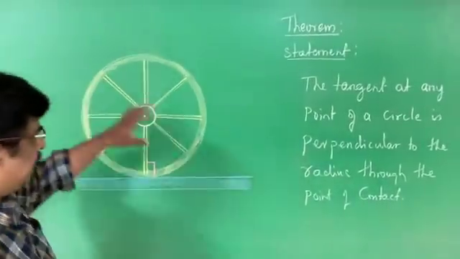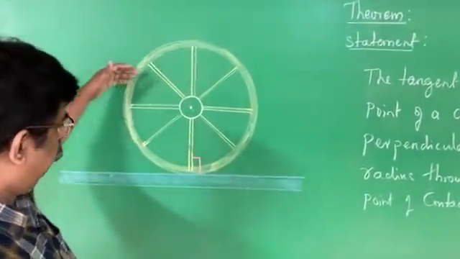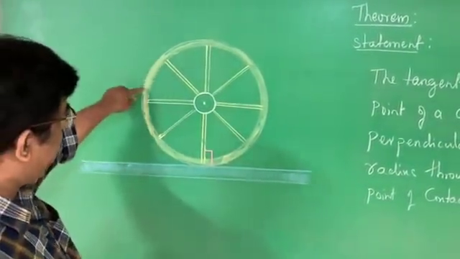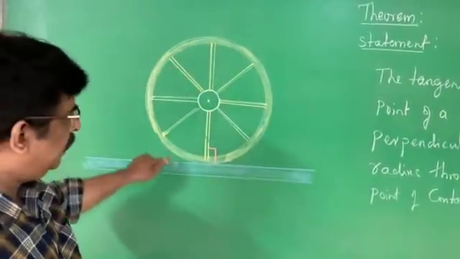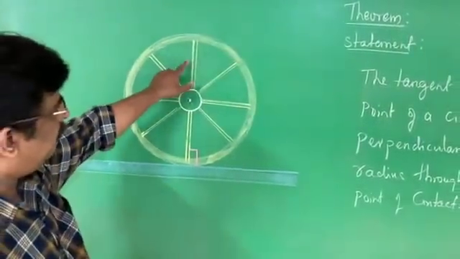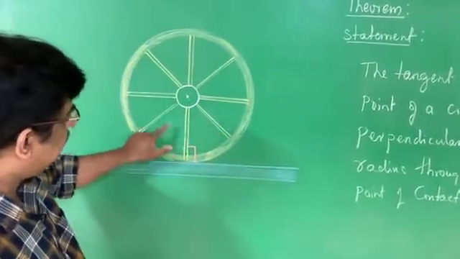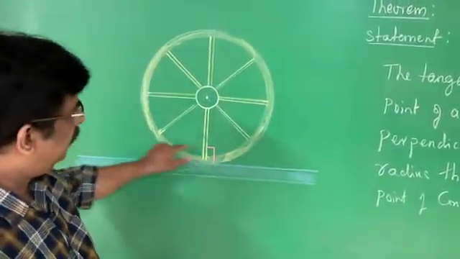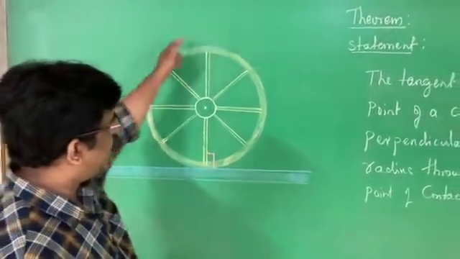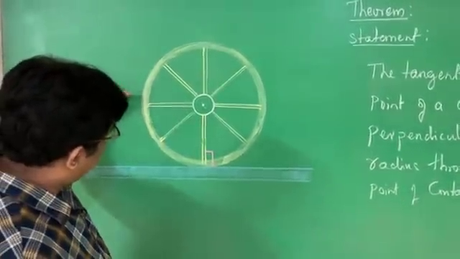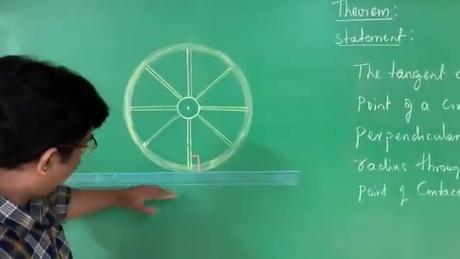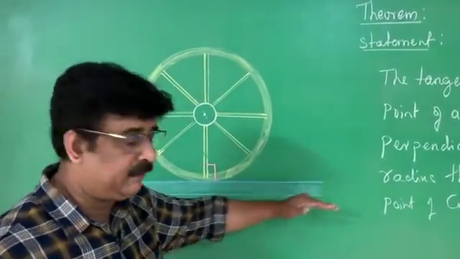For example, I have drawn a diagram here. I am sure you will understand it. This is a wheel of a car, and this is a road. The wheel of a car has a number of spokes. These spokes are nothing but radii of this circular wheel. When the wheel is moving, one particular spoke makes a perpendicular contact with the road.